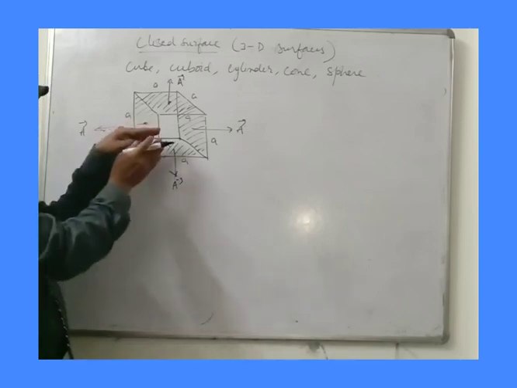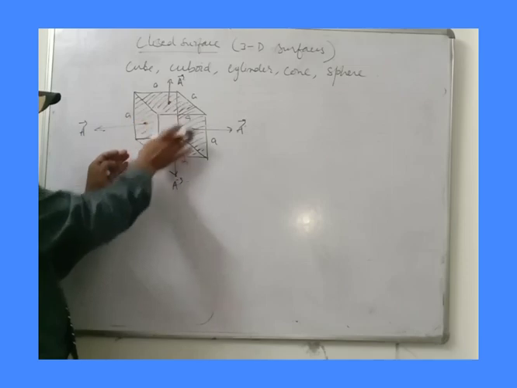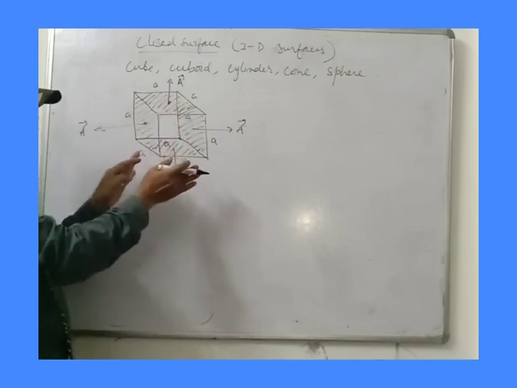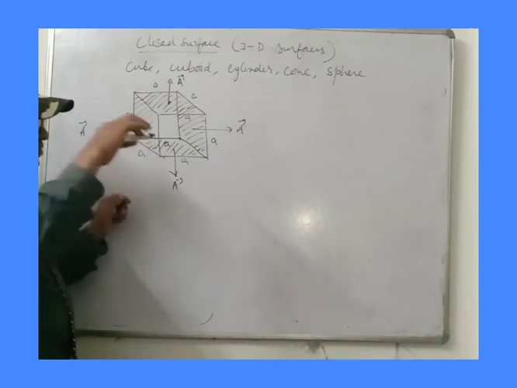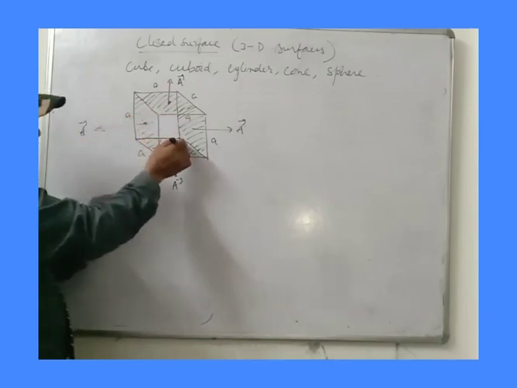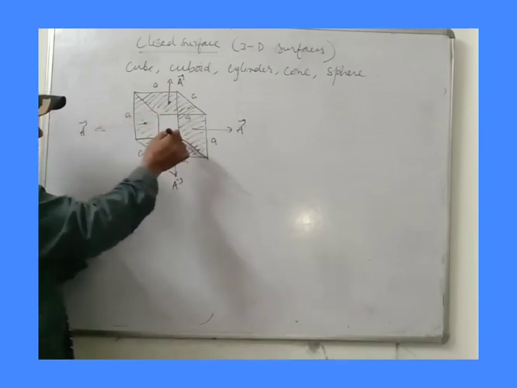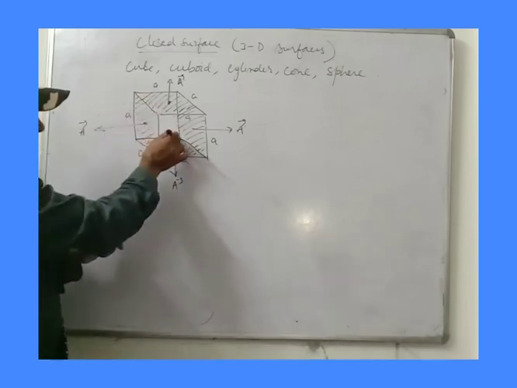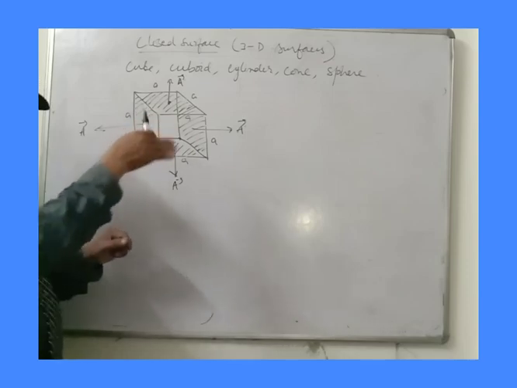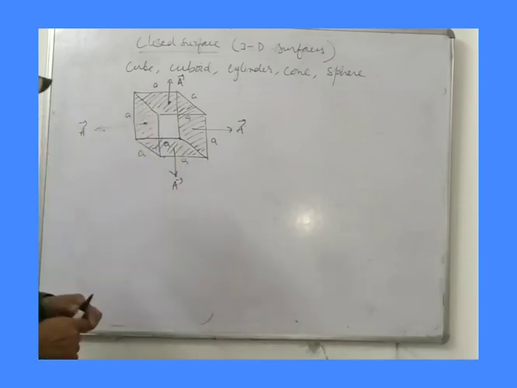And for the surface at the back, which is not visible here, that also is outward. For this surface, the area vector will be only outward, no inward, only outward.